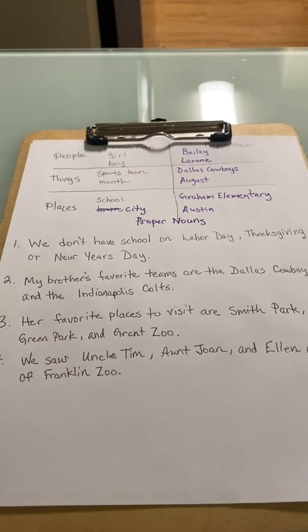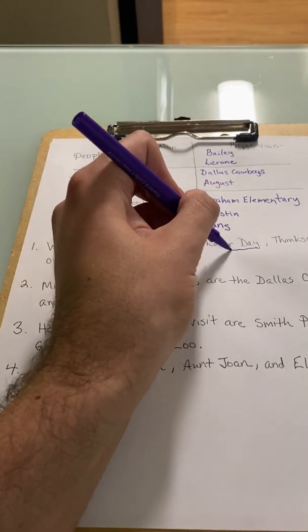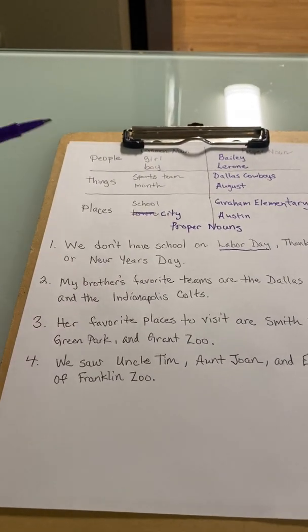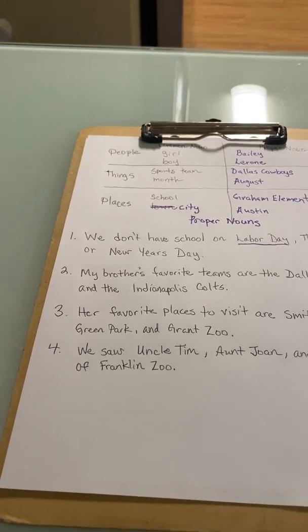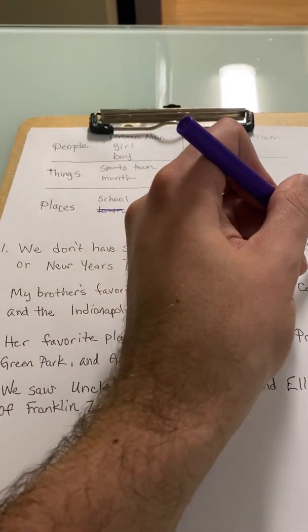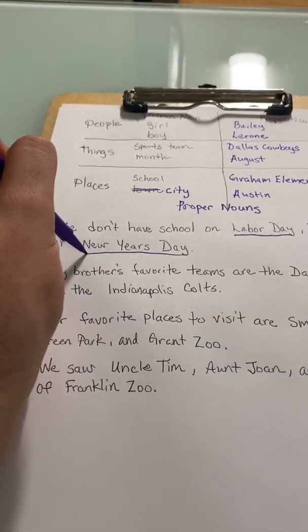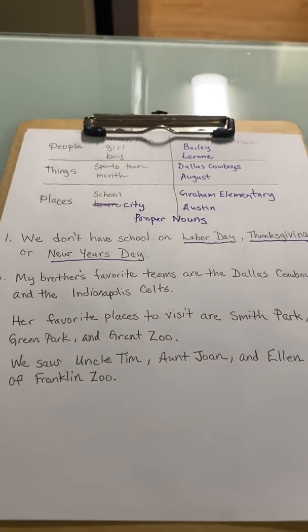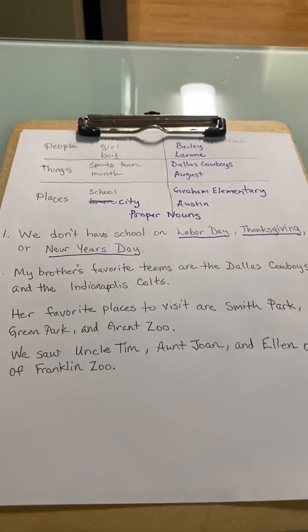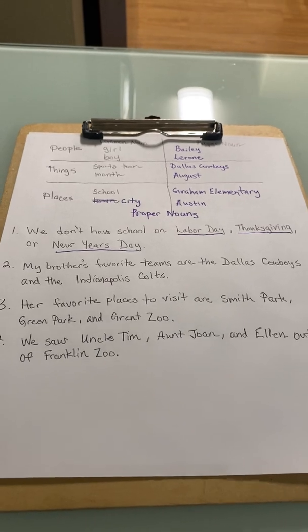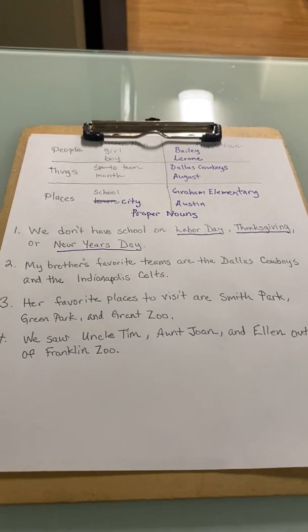So the proper nouns would be Labor Day because it's the name of a holiday, and a holiday is a thing. Thanksgiving, New Year's Day. They are the names of holidays, and a holiday is a thing, so therefore they are proper nouns.